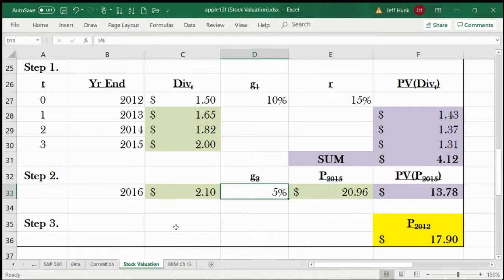In other words, beyond 2015, we will need to find the valuation of this stock as of the end of 2015, right?